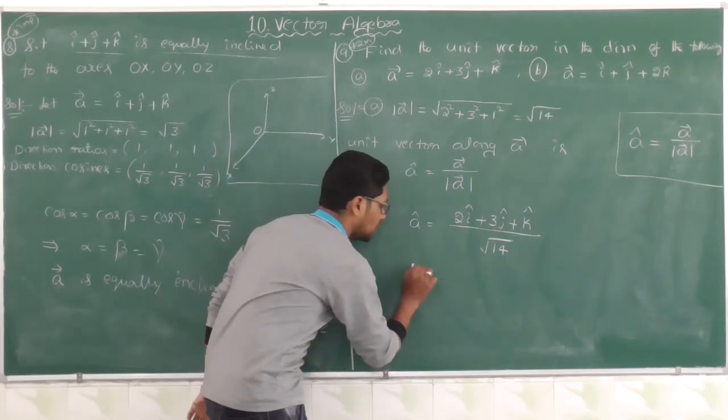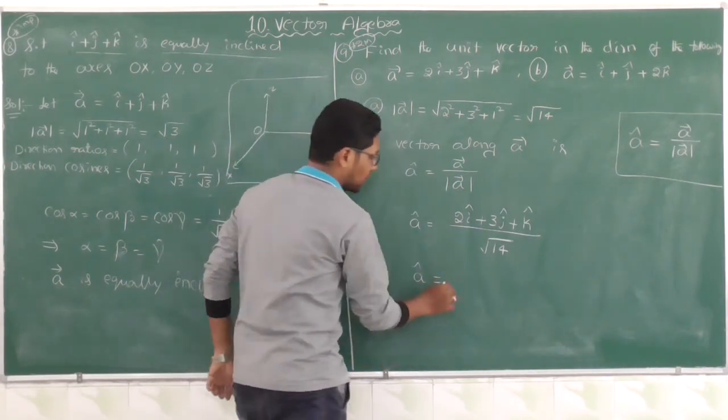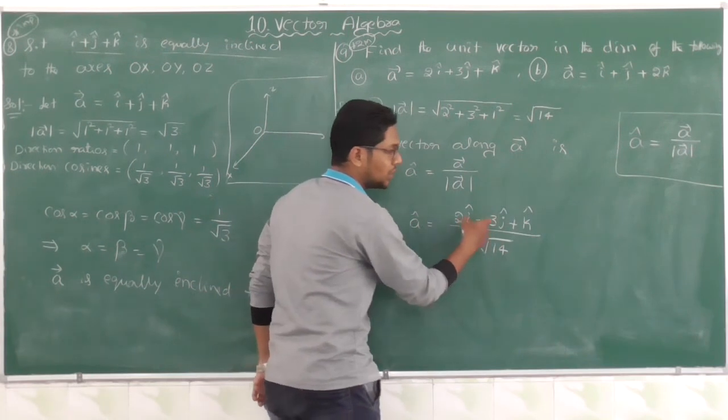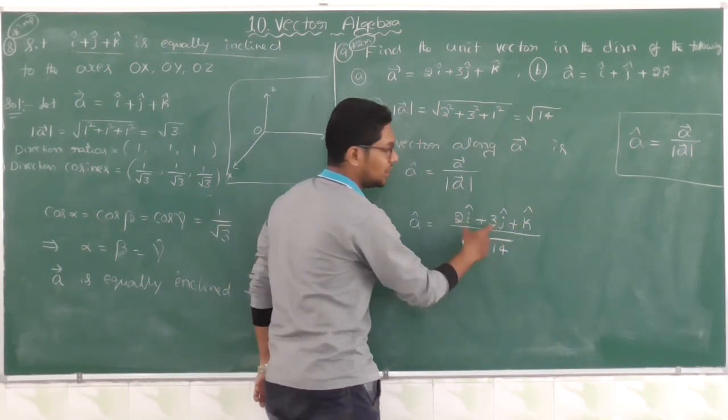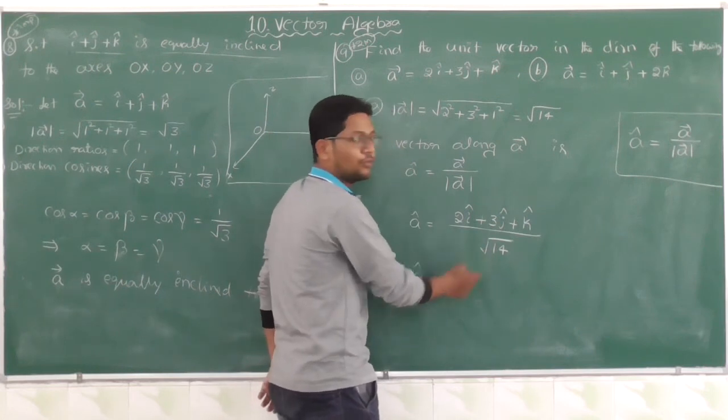Next one. A cap equals to, here we have 2i plus 3j plus k. In the denominator we have square root of 14, right?